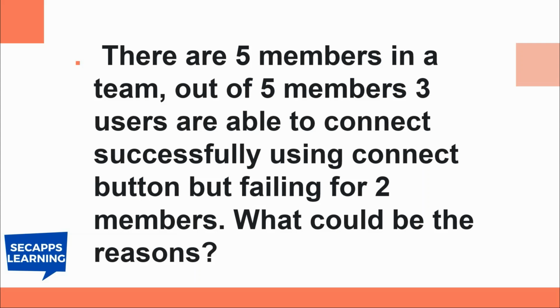Their access might be removed. If they are using the same account, how will it work for three and not for two, if it's related to access? Then it shouldn't work for the other three as well.